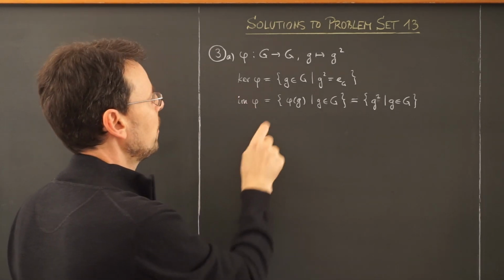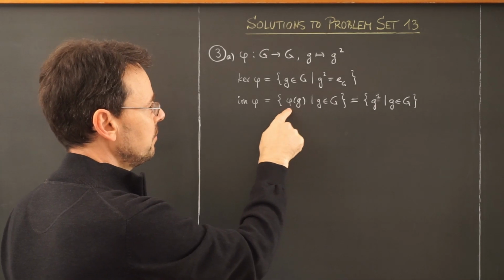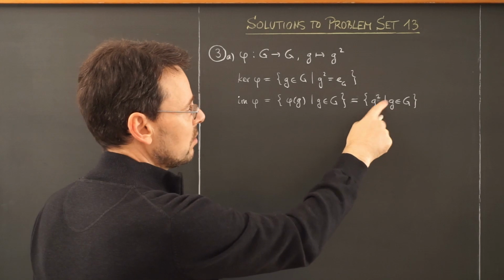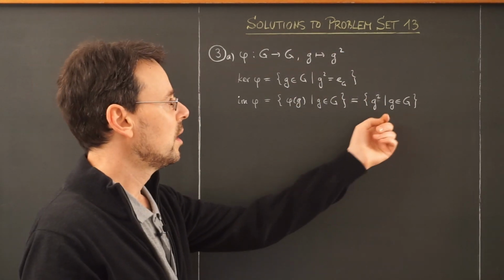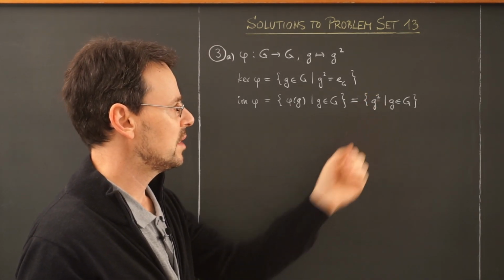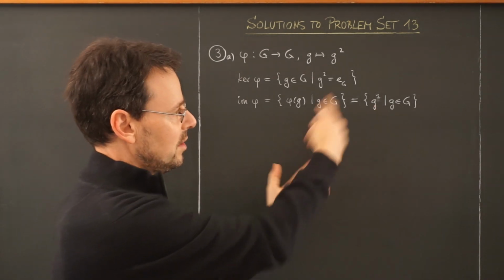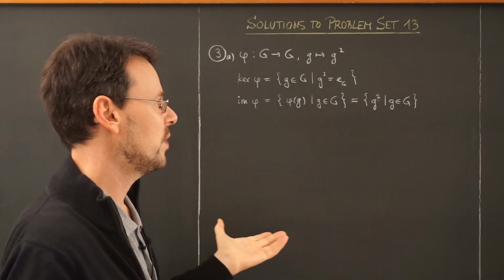The image is by definition the set of all these guys here, phi of g, where g runs through the group. So the set of all g squared, where g runs through the group. If this helps you, you could call those elements the elements that have a square root, because g then clearly is the square root of this element, because the element can be written as g squared.